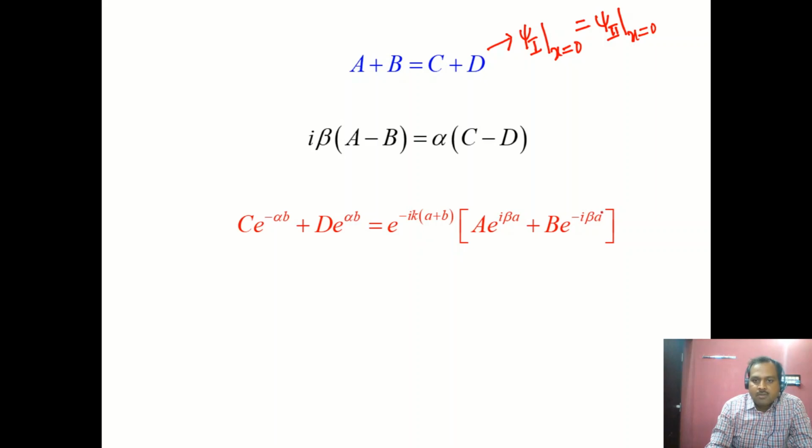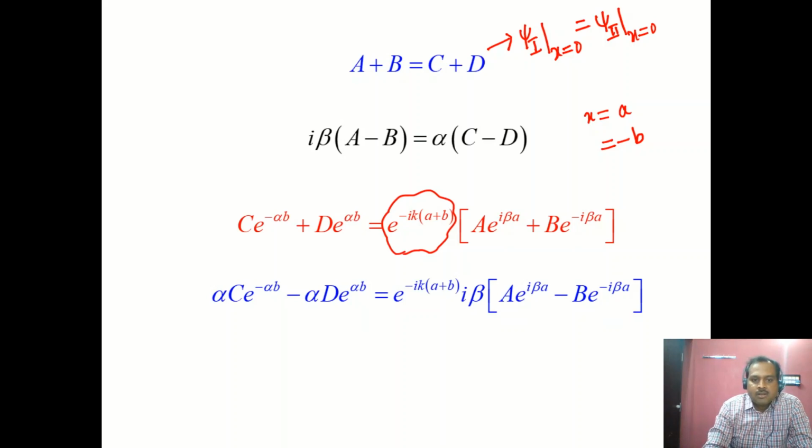Remember, here we are comparing at x equal to a and minus b, that's why this phase factor is coming here. Similarly, for the last boundary condition, the first derivative of the wave function at x equal to a and at x equal to minus b, we will get this particular condition.